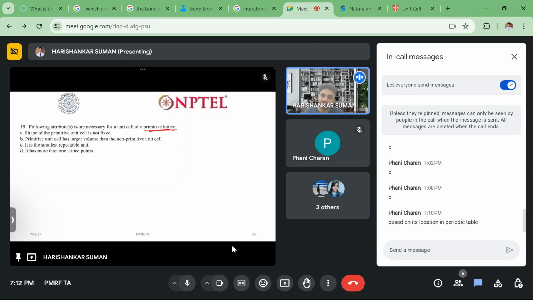We have already discussed the primitive lattice, so please choose the right answer now. Take 2 to 5 minutes. Please think and respond.